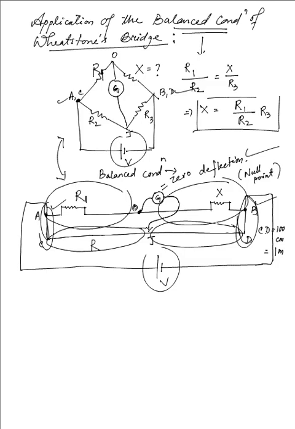The load is evenly placed on either side, and as a result of that, there is no current flowing through the galvanometer, therefore it shows no deflection. So this is R2 and R3 as per the above diagram that we have obtained.